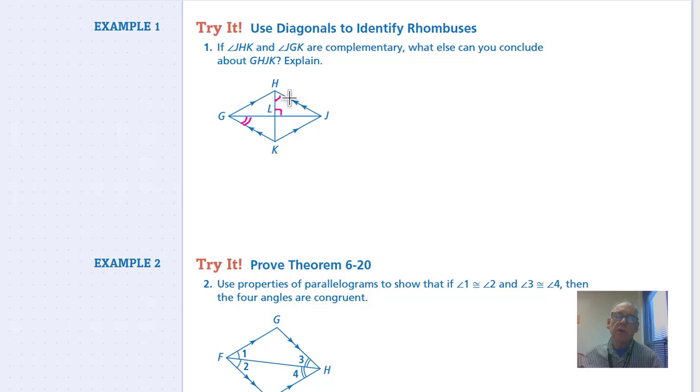But if these two are complementary angles, then the angle here at J is going to be congruent to the one at G, because the angle HJL is complementary to the other angle they gave us at H. And that's the same as being complementary over here at G. So in a right triangle, these two are complementary, and that means there's a complementary angle here, because these two need to add up to make the other 90.